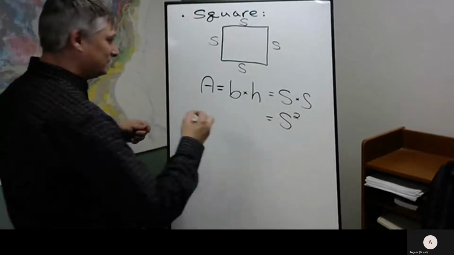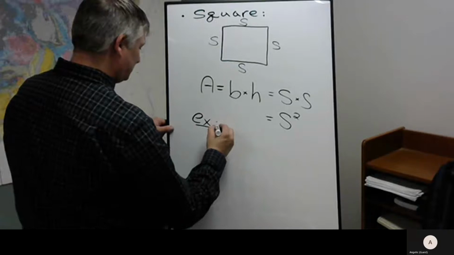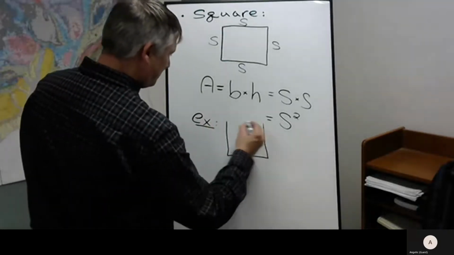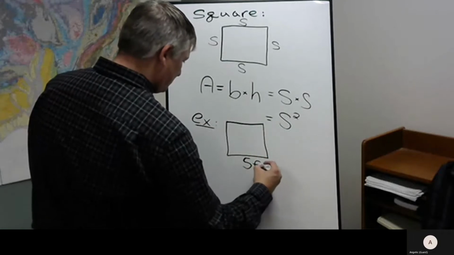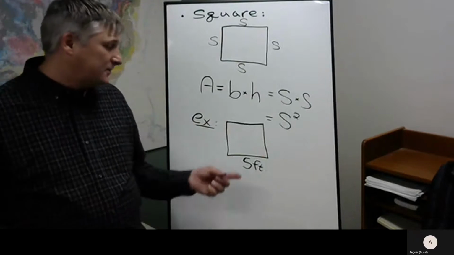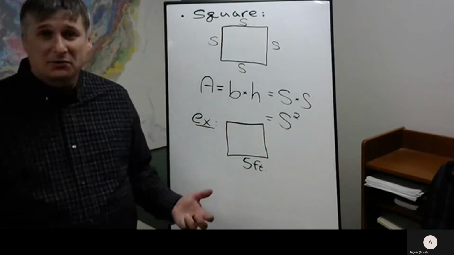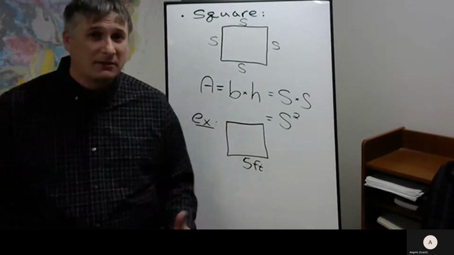So for example, let's say we have this. Now, let's say we have a square, and it's given that one of the sides is 5 feet. Now, because this is a square, all the other sides are also going to be 5 feet.